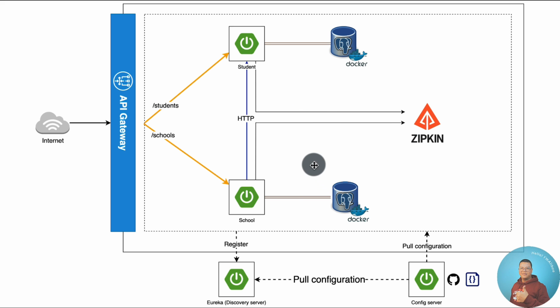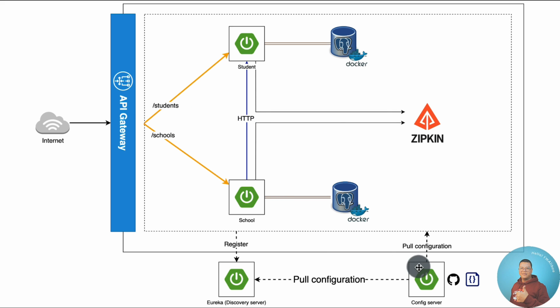Then when we talk about microservices, we mainly talk about a discovery server and also a config server, or configuration server. So here let's understand globally this diagram. So we mentioned that we have an API gateway, which is our entry point, or the gateway for all the incoming requests and outgoing requests for our ecosystem.